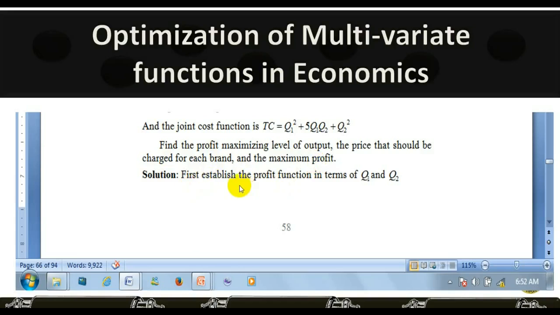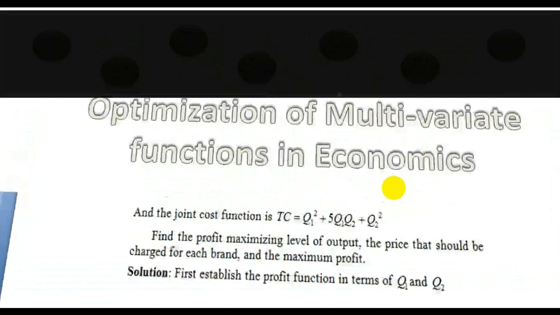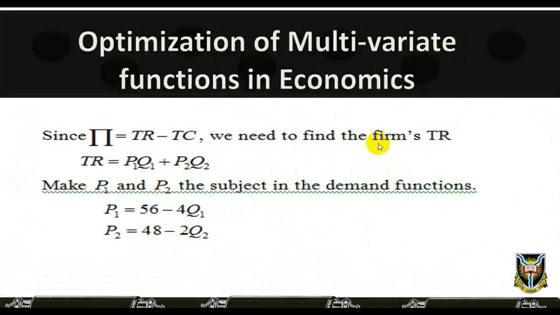Solution. First, establish the profit function in terms of Q1 and Q2. Since pi equals TR minus TC, we need to find TR first. TR equals P1 times Q1 plus P2 times Q2. Make P1 and P2 the subject in the demand functions. P1 equals 56 minus 4Q1.